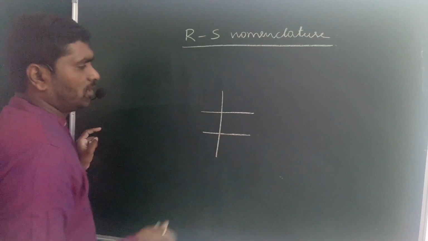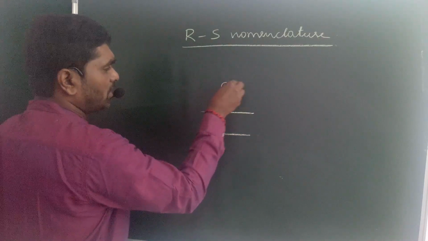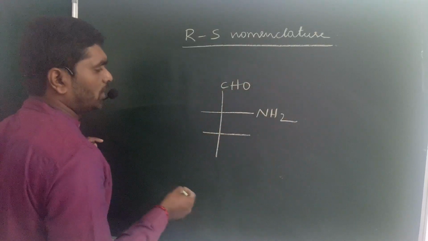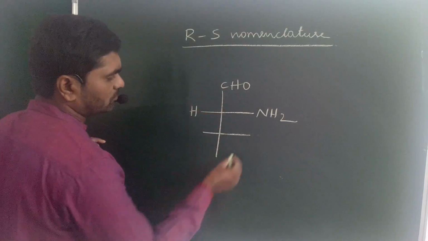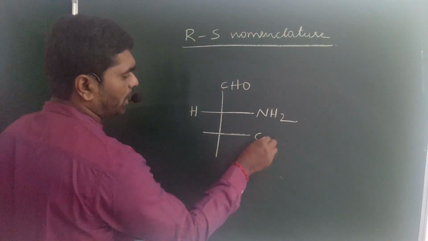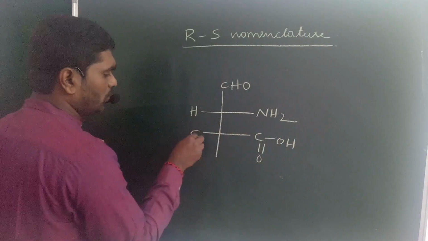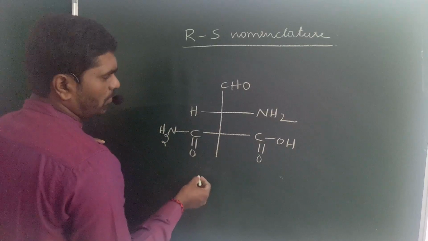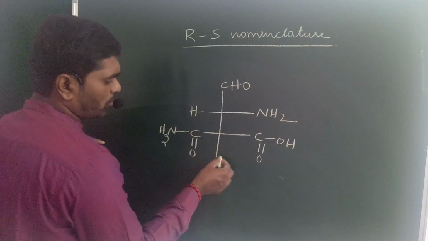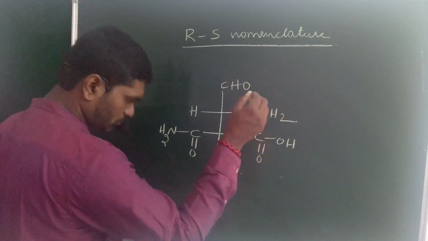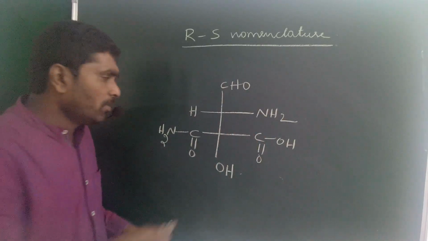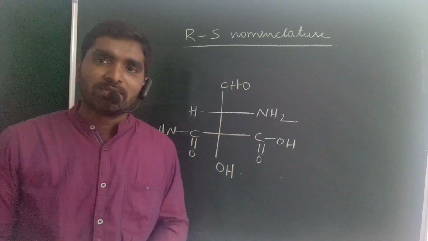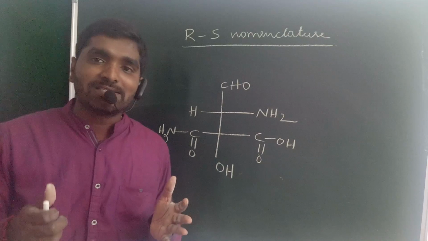Maybe this compound has two chiral centers: CHO, NH2, hydrogen, COOH, CONH2, and OH. This one may be the first carbon, this one the second carbon, two chiral centers. What is the RS nomenclature?